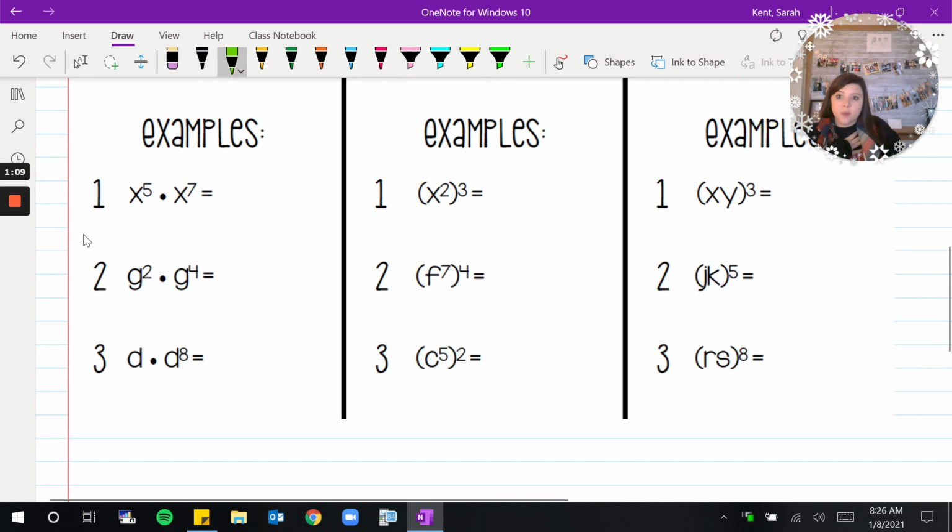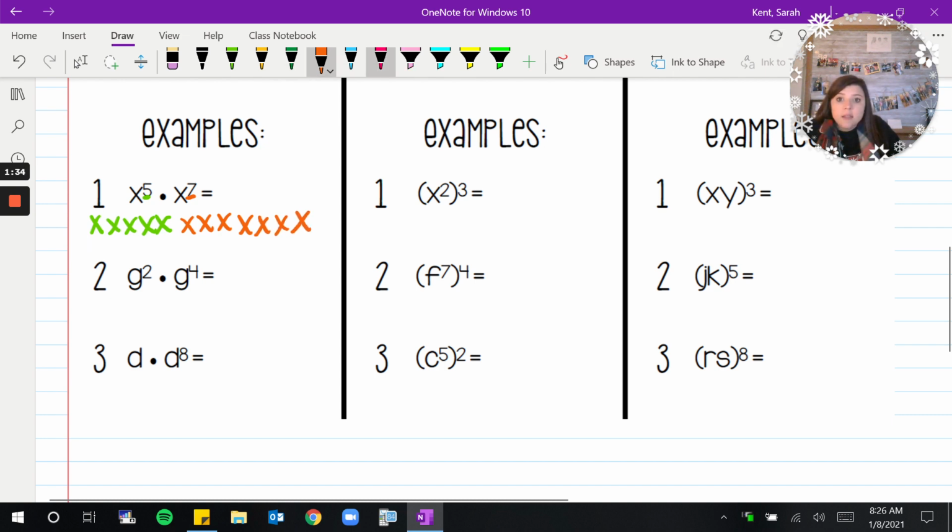So for this first one, the product property, here we have x to the power of 5 times x to the power of 7. So when we have x to the power of 5, that means there are 5 x's, just like this. And then if we have x to the power of 7, that means there are 7 x's.